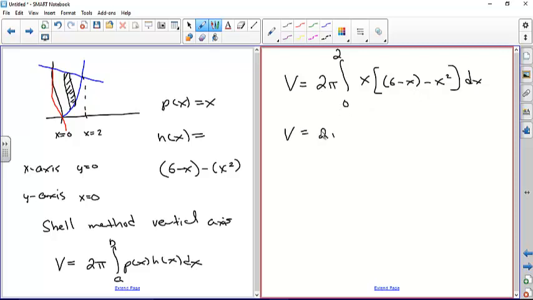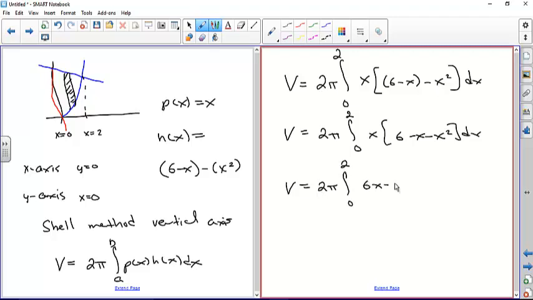And the first thing we would do is just get rid of all these parentheses. So you'd have 6 minus x squared, and then you would multiply by x just to get 3 separate terms.